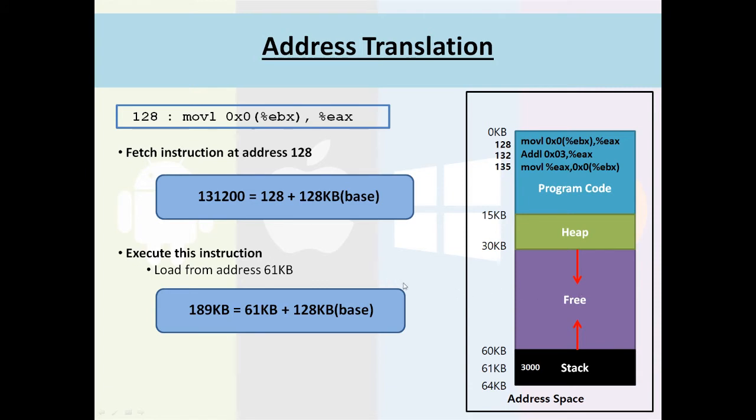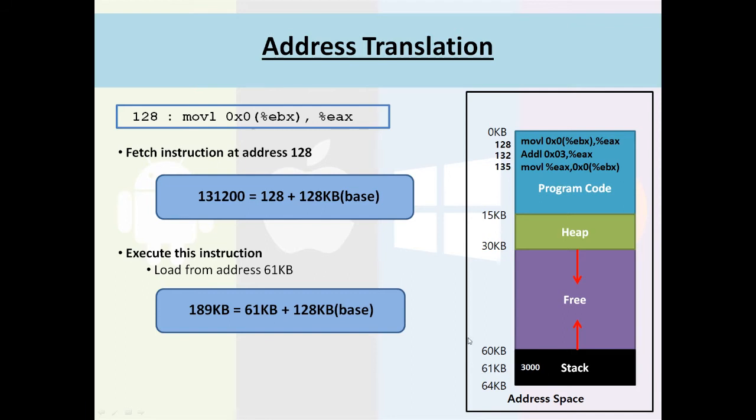Okay, so let's do the second example. This instruction is basically asking to load from address 61 and load whatever value is there. Our virtual address in this case is 61 KB, and we load in, say, this 3000 value.